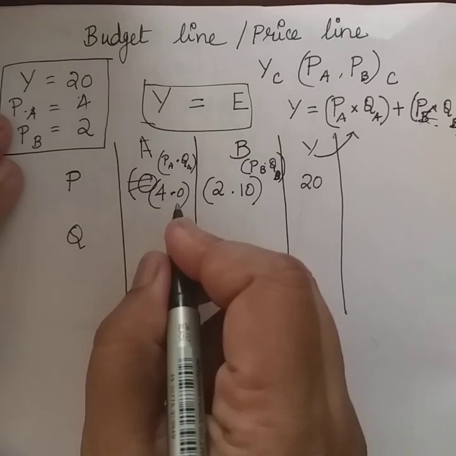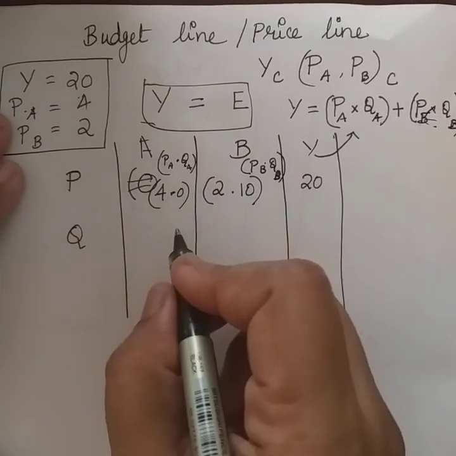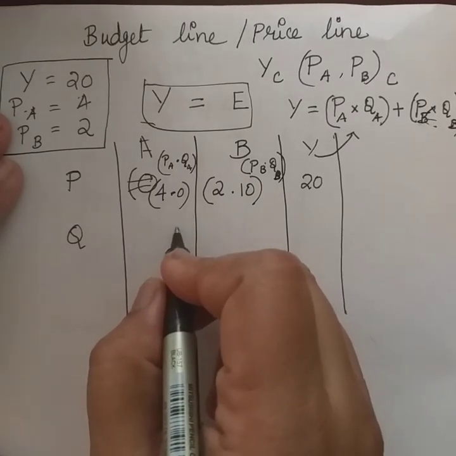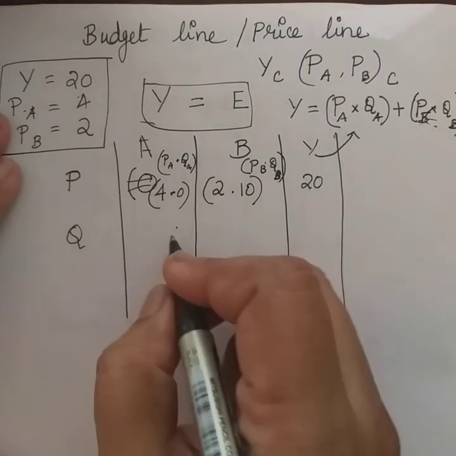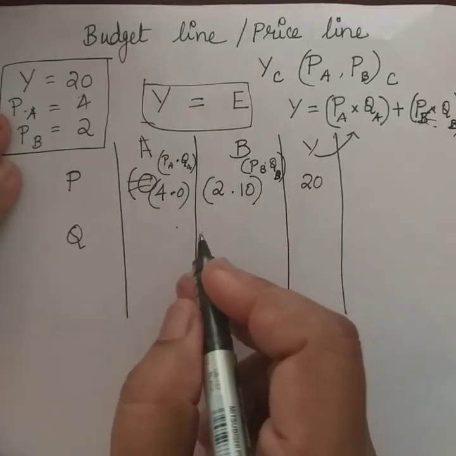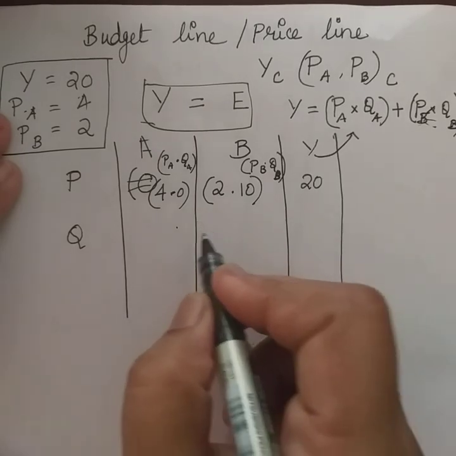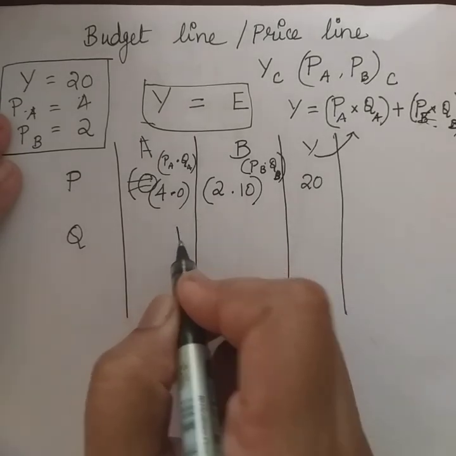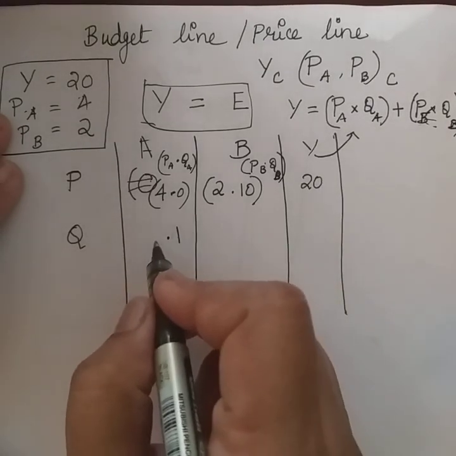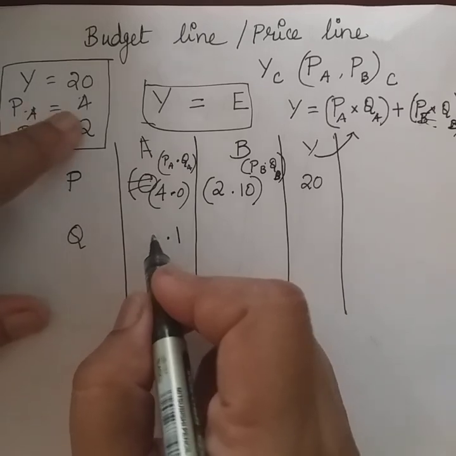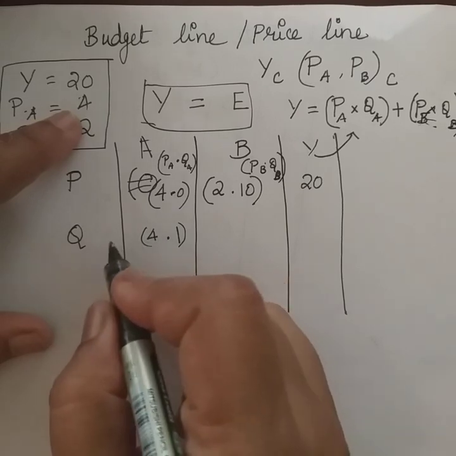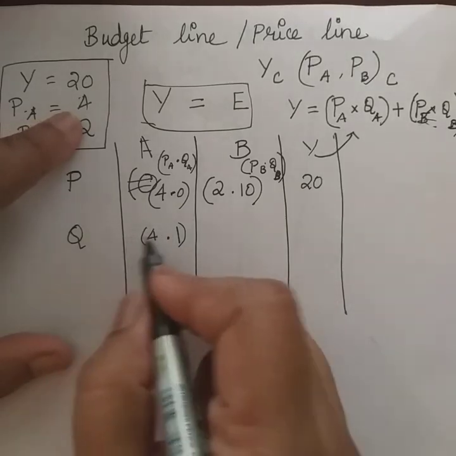This is an extreme combination. Let's say the consumer wants to have 1 unit of, or some units of, apples. So if it is going to be 1 unit of apple at the rate of 4, he or she has spent 4 rupees.